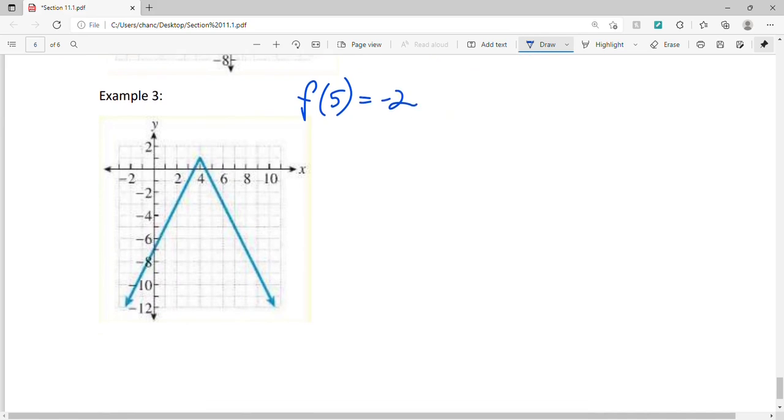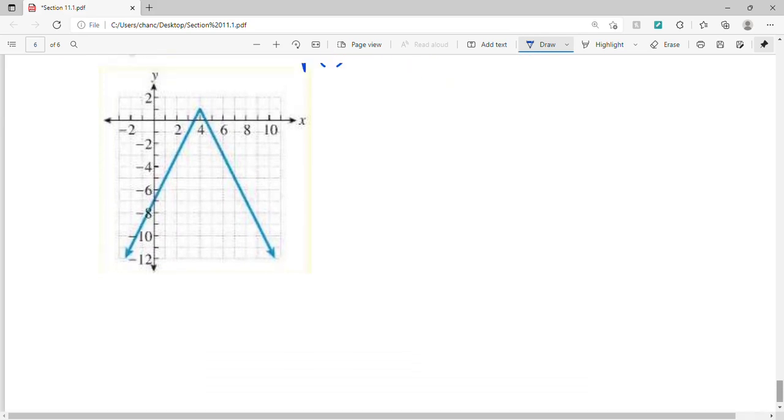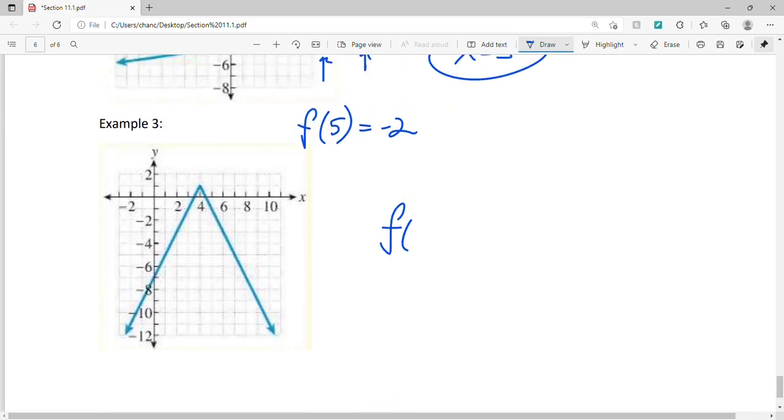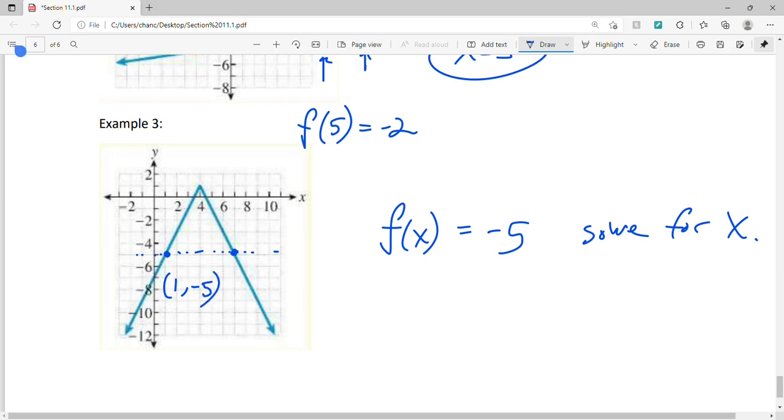Let's look at the last example here. Let's suppose f of x equals -5. I want you to solve for x using the picture. Now, to do this, you look for the y coordinate of -5 and where it crosses your graph. So we have 2 points here. Got the point 1, -5, and this point looks like 7, -5.